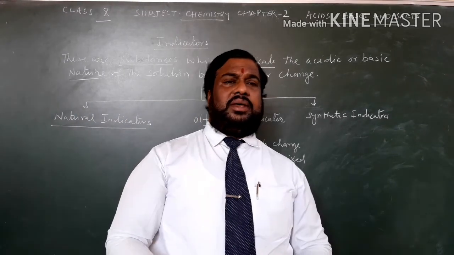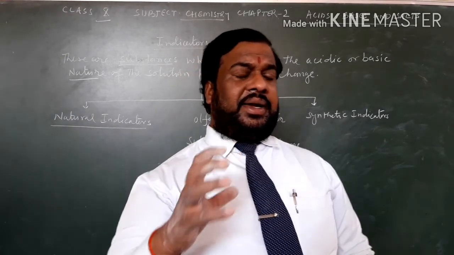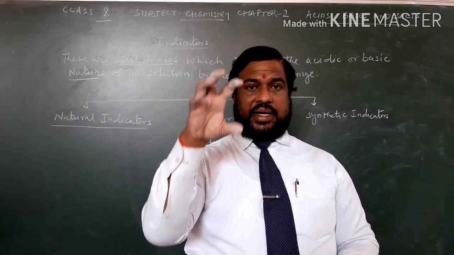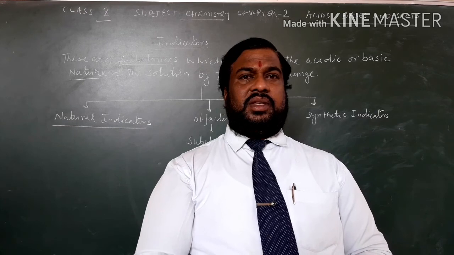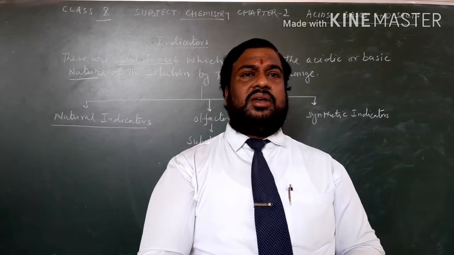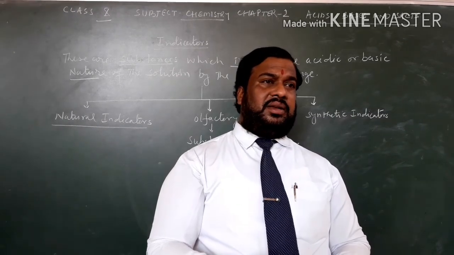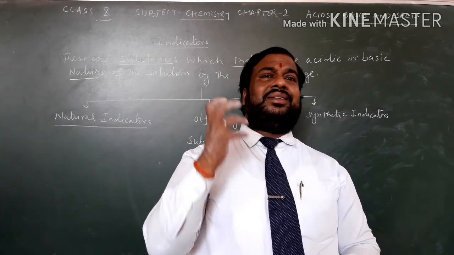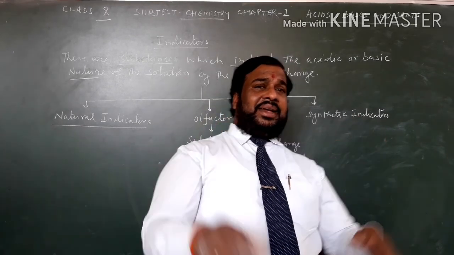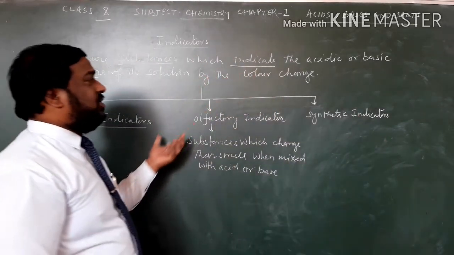In another way, indicators are substances that indicate whether the solution is acidic or basic in nature through a change in their color. These indicators are further divided into three parts.